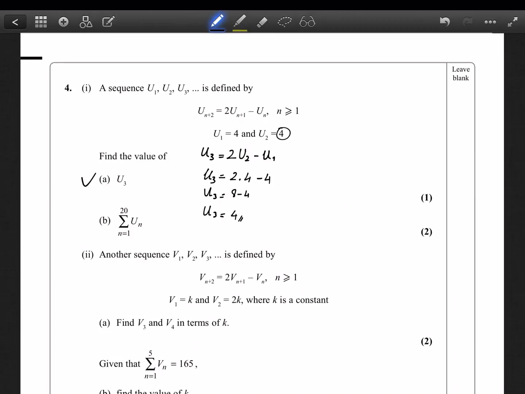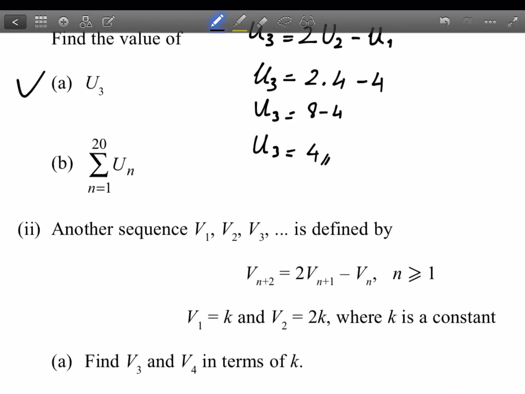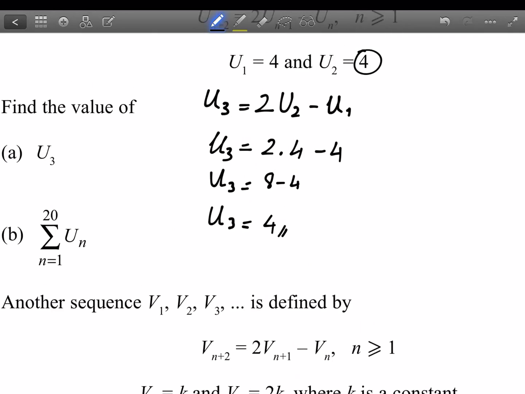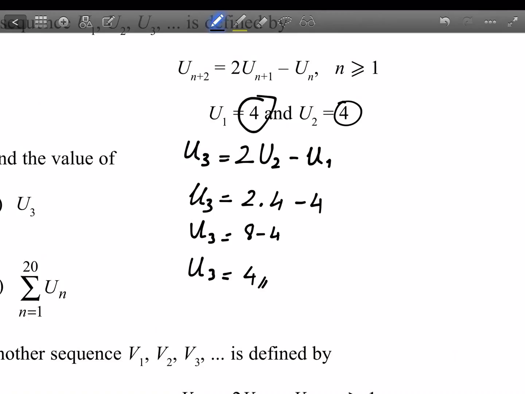Part A is done. And part B says, what is the total of u1, u2, u3 up to u20? As you see, the first term of the sequence is 4, and the second term is also 4, the third term is also 4, and all the other terms will be 4.